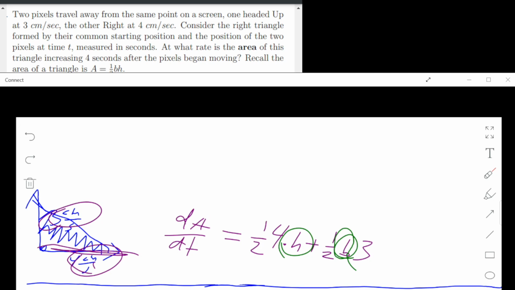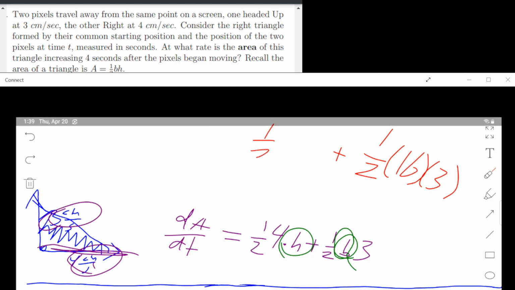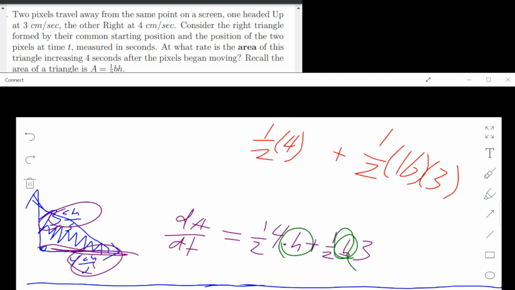So we have 1/2 times 16 times 3 plus 1/2 times 4 times height. Well, 3 times 4, 4 seconds at 3 centimeters per second would be 12 centimeters, right?